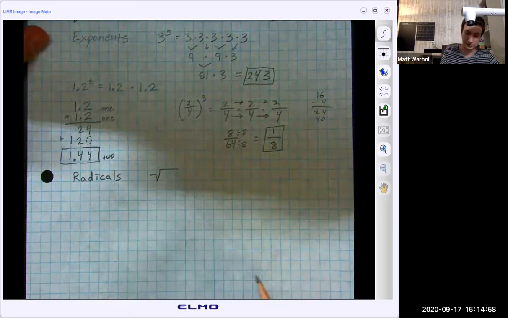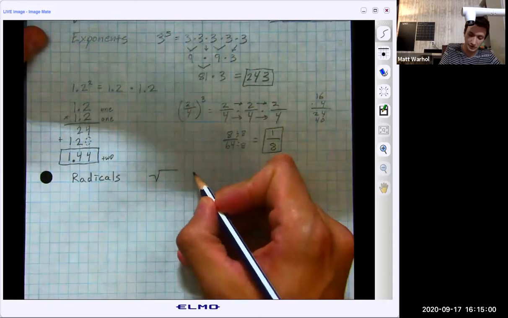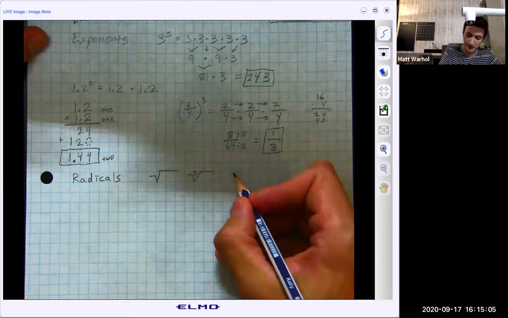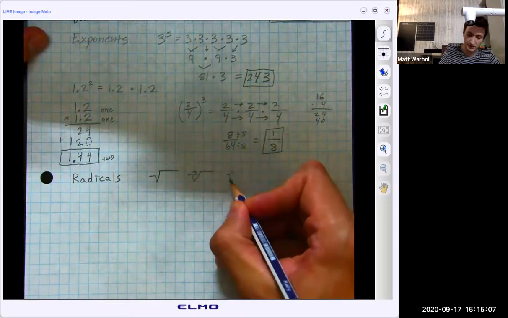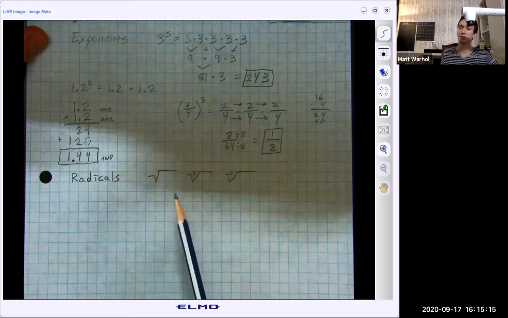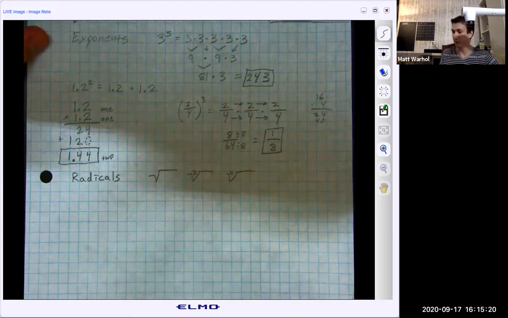Sometimes it can look like other things. Later this year, you'll see radicals that look like this, or maybe they look like this. Maybe that's new to you. If so, hold on, you'll learn these later this year. But all radicals act the same. They all act like a square root. So let's talk a little bit about how these work and what we get.